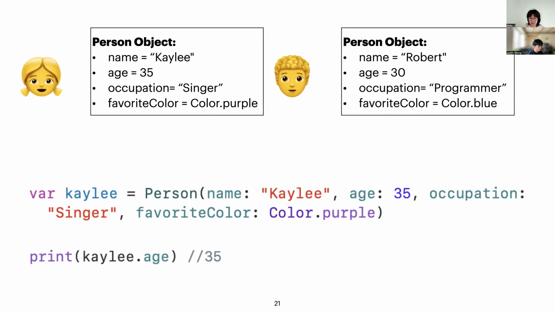The important idea is that the struct defines the shape and each instance fills in actual values for that shape. Then we can use those objects directly in our code instead of managing loose variables everywhere.